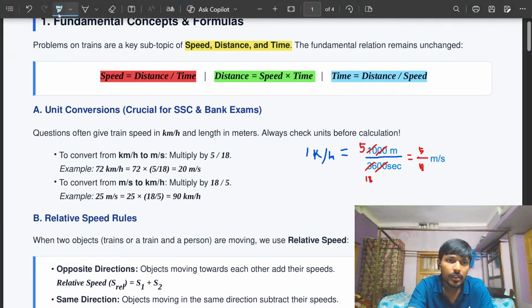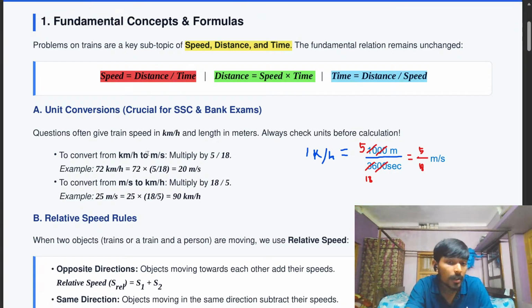So if we convert kilometer per hour to meter per second, we multiply by 5 by 18. To convert from meter per second to kilometer per hour, multiply by 18 by 5.